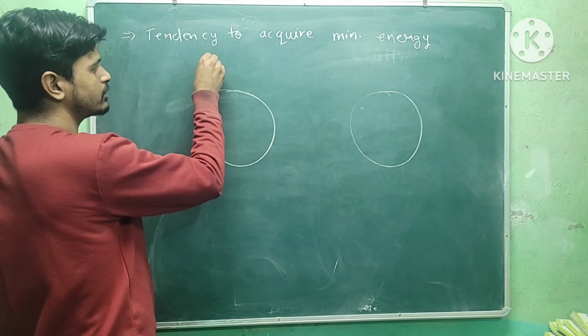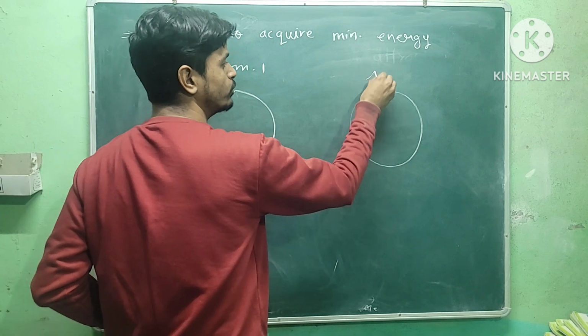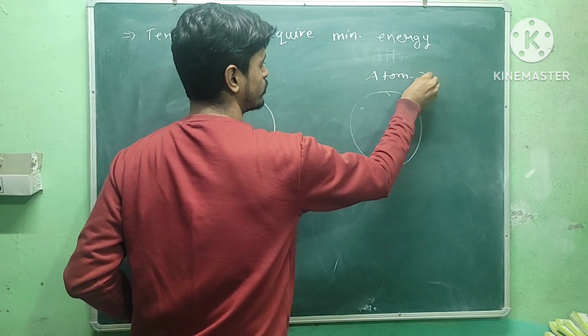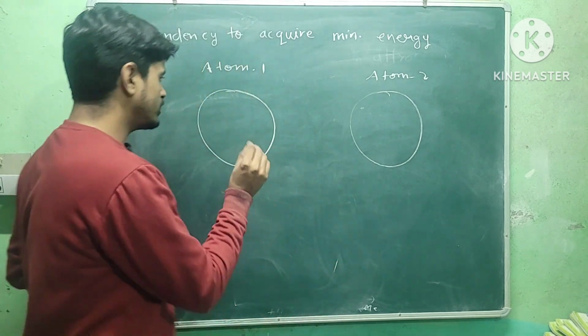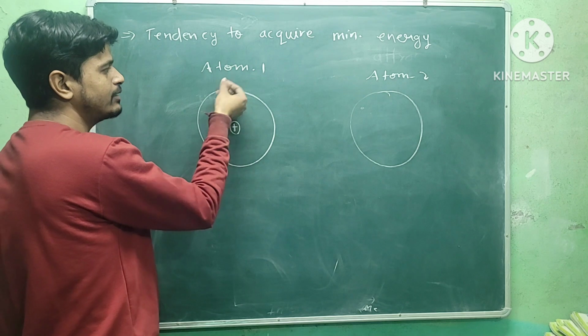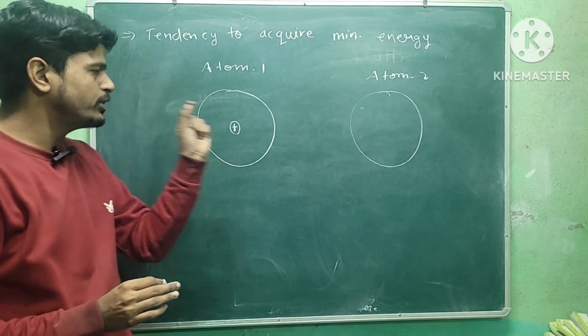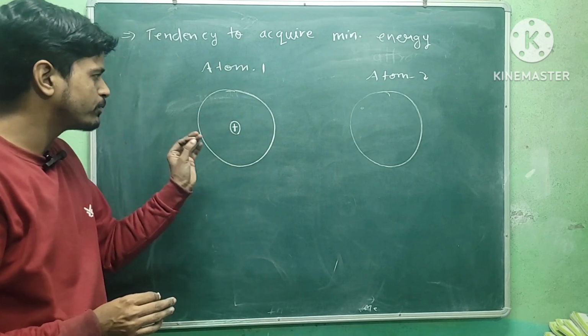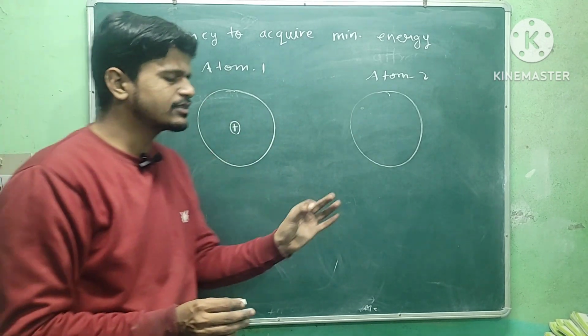This is atom 1, and this is atom 2. As you know, in atoms there is a nucleus in the center of the atom.